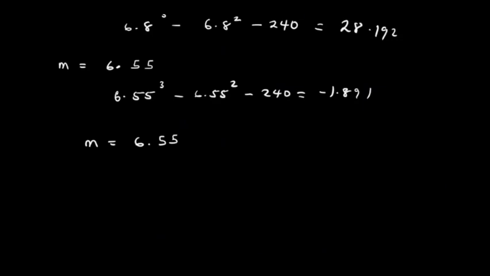So I'm going to use the Newton-Raphson method to solve this. It says x is equal to x naught minus f of x naught over f prime of x naught, right?